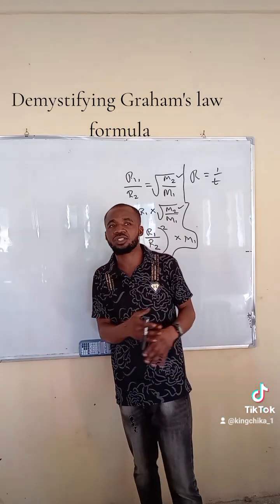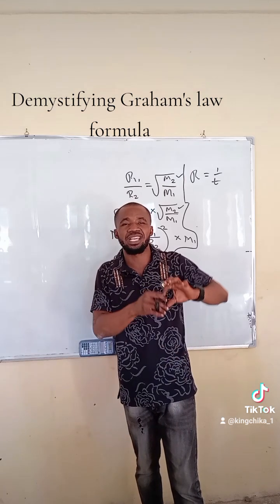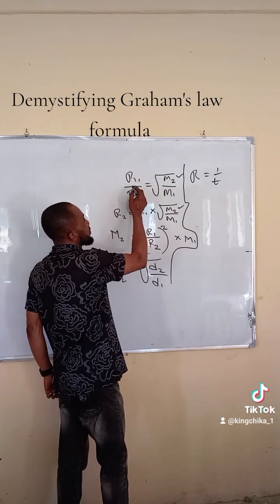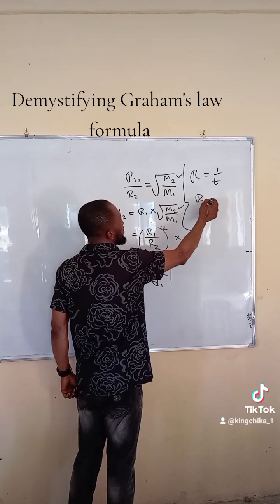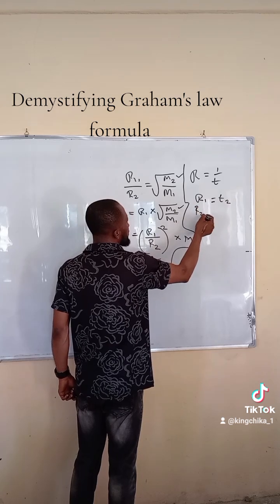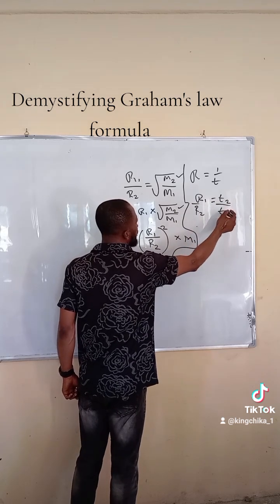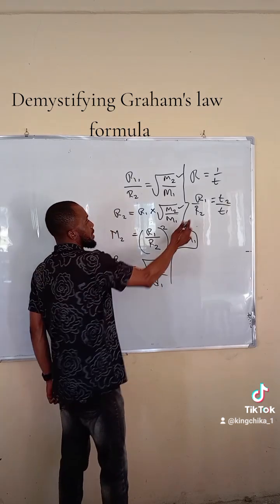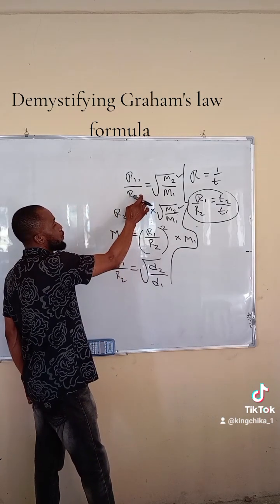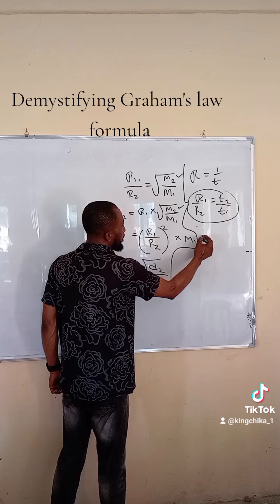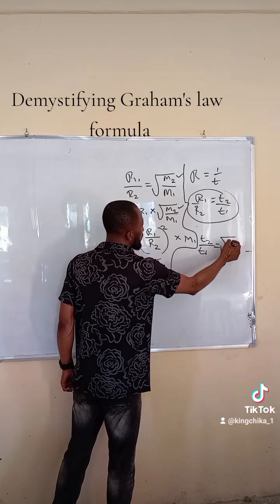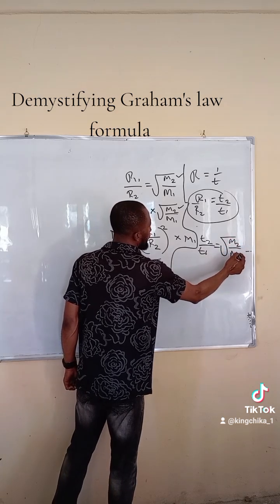And when something is done at a slower rate, it requires a longer time. Therefore, where R1 is, T2 is, and where R2 is, T1 is. Now, since this goes this way, you come back to this formula, which is T2 all over T1 is equal to square root M2 all over M1.